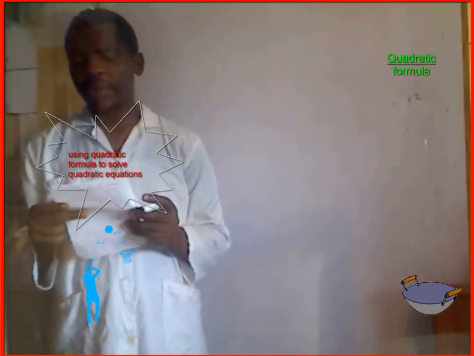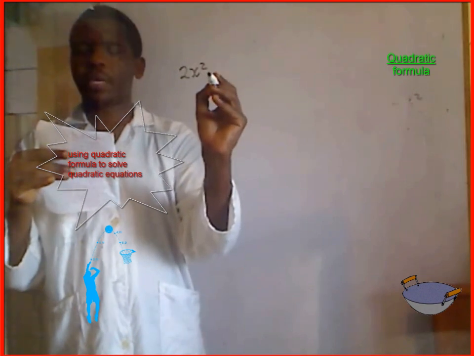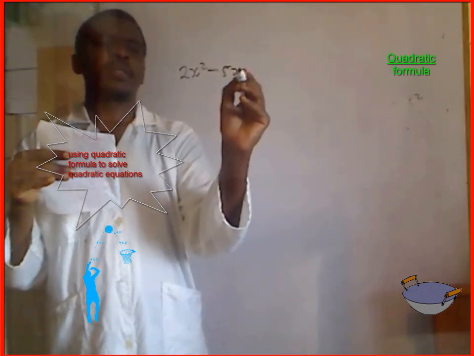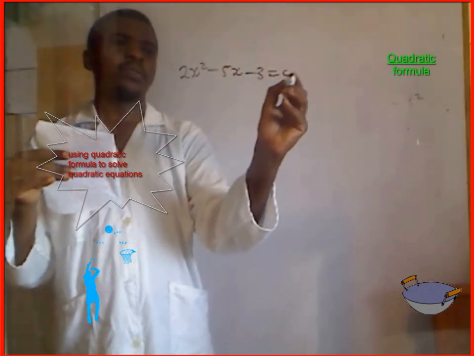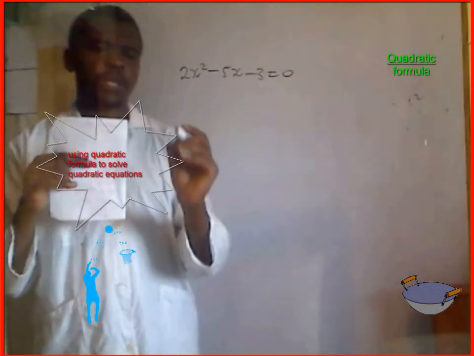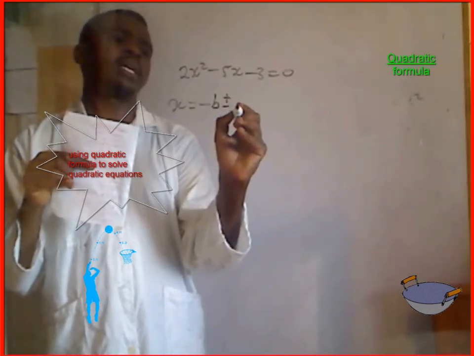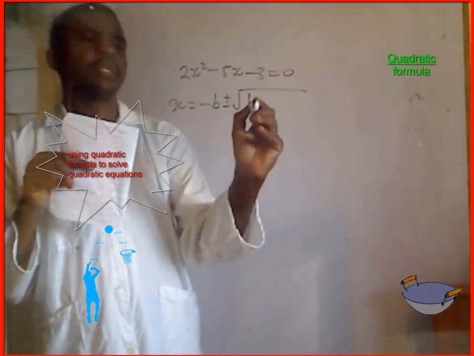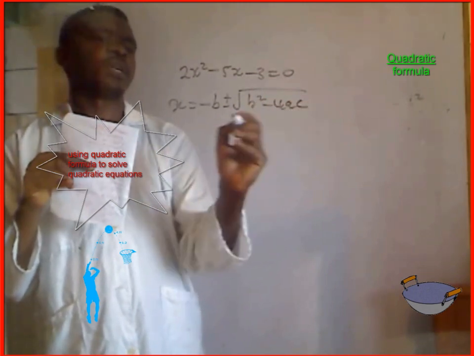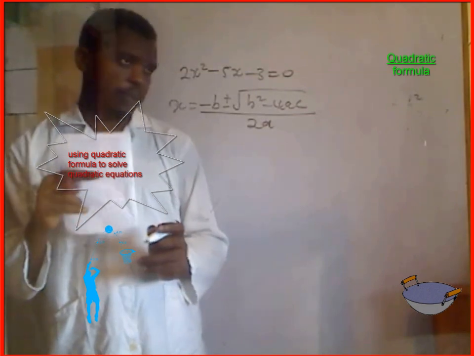Find the integer value x which satisfies the equation 2x squared minus 5x minus 3 is equal to 0. We are going to use our quadratic formula. We know that x is equals to minus b plus or minus square root of b squared minus 4ac all over 2a. Let's identify the coefficients.